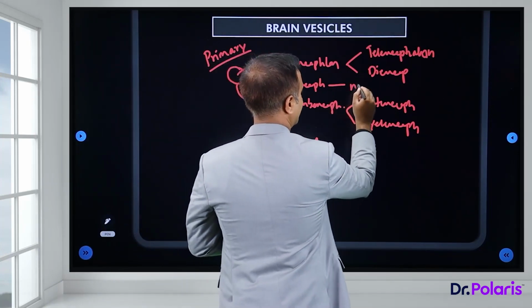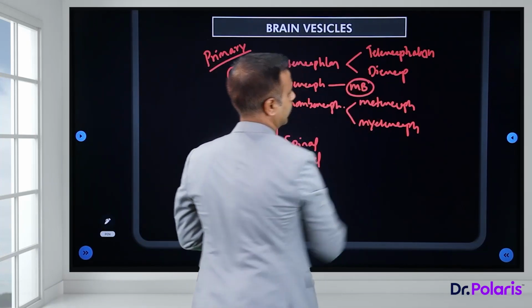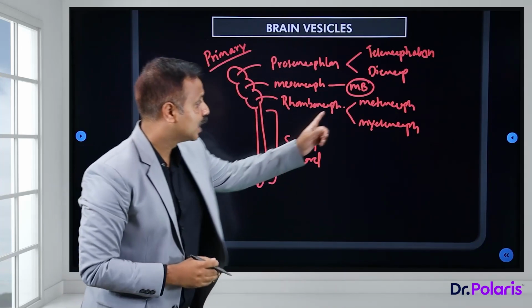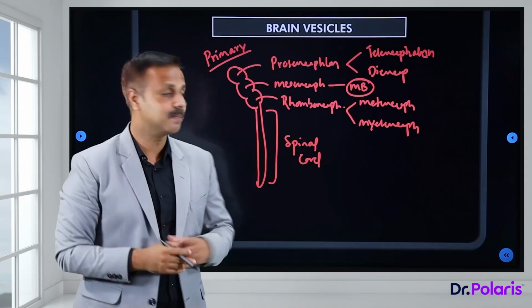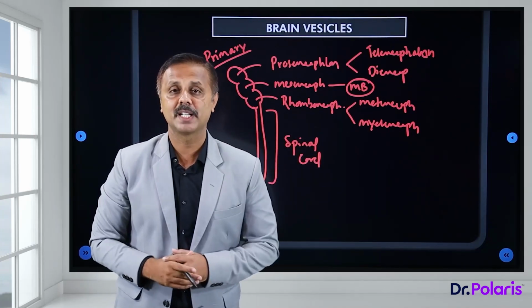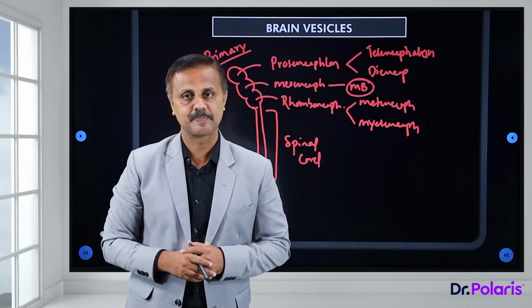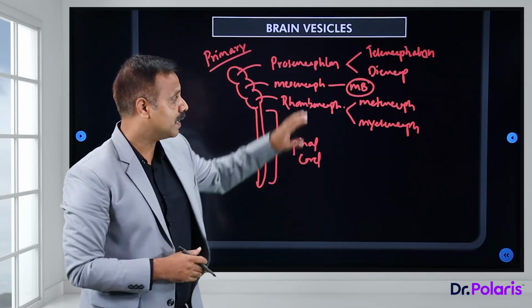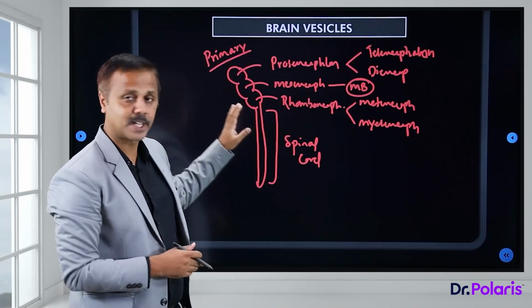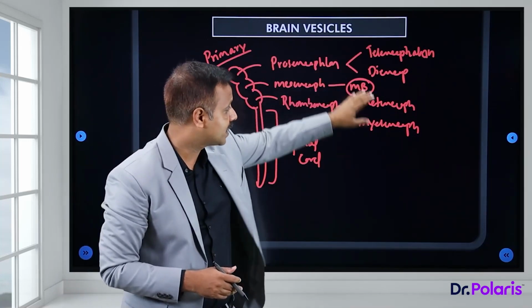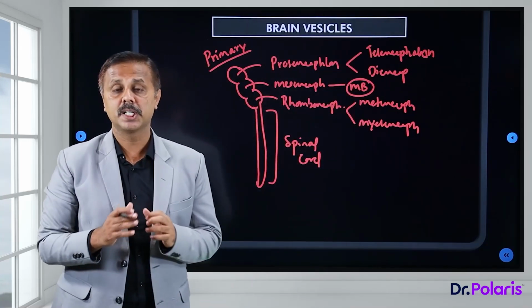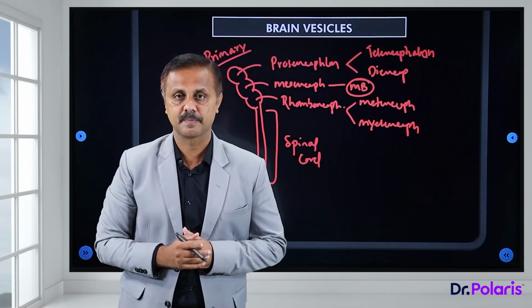Instead, it gives rise to the midbrain. Right? Whereas the metencephalon will ultimately develop into pons and cerebellum. The myelencephalon will ultimately develop into medulla oblongata. Right? Now, when we talk about the brain vesicles, you need to remember what the primary brain vesicles are, what the secondary brain vesicles are, and what the adult derivatives are.